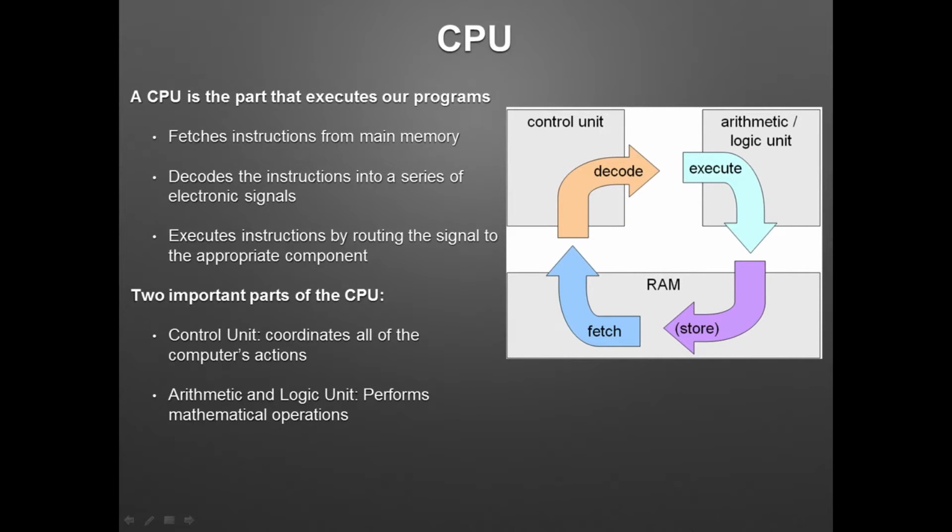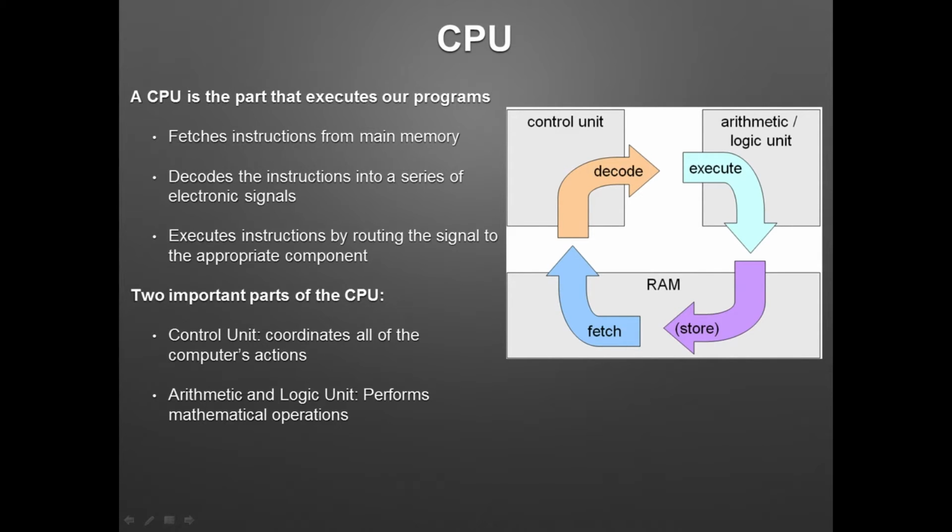So the CPU in a little bit more expanded view is the component that's going to really provide all of the core-centric execution behind our programs. So this is the device that's going to fetch instructions from main memory, and it's going to continue on this cycle here.